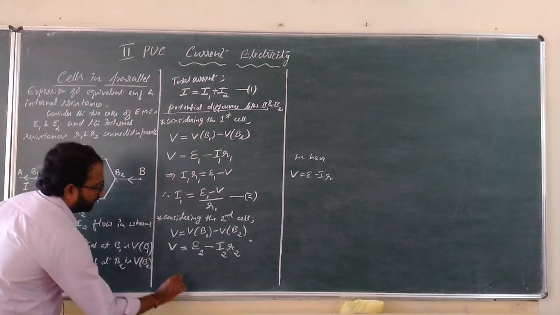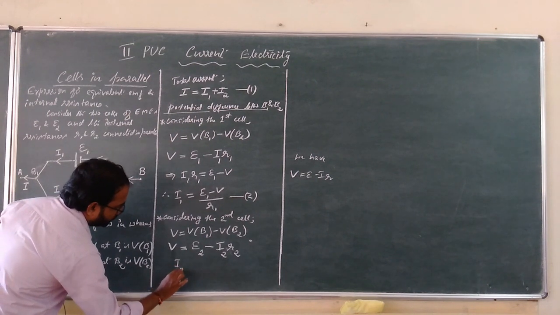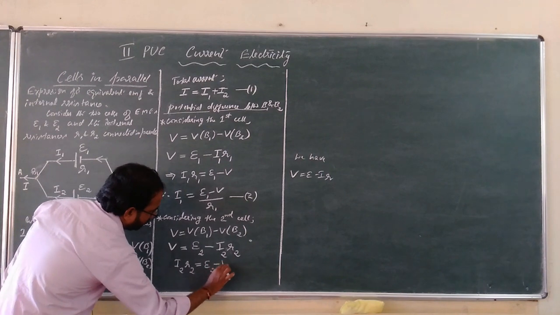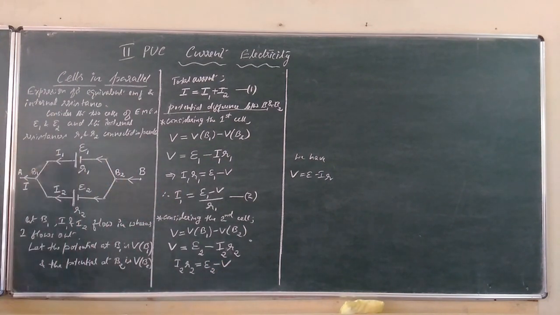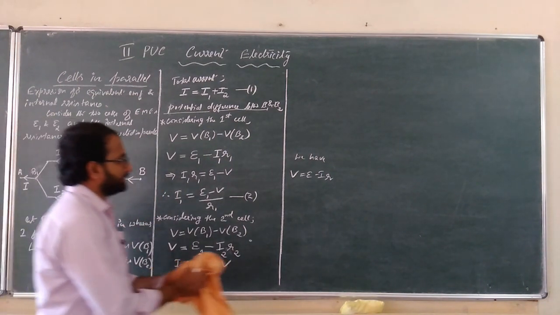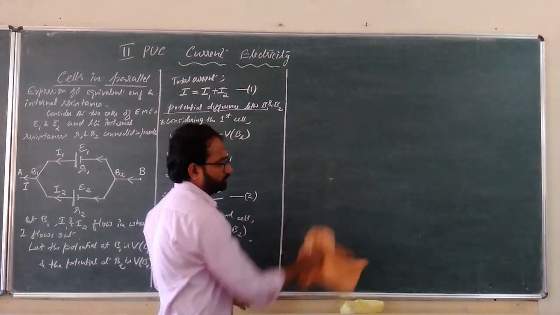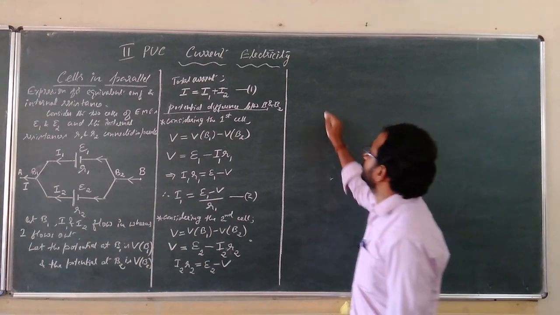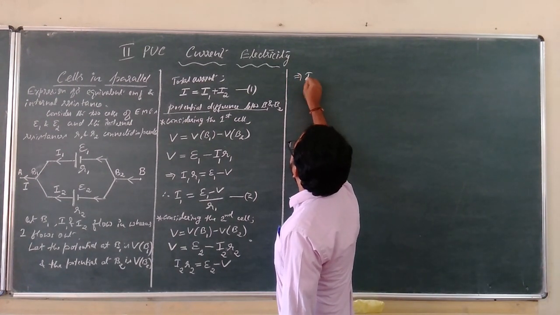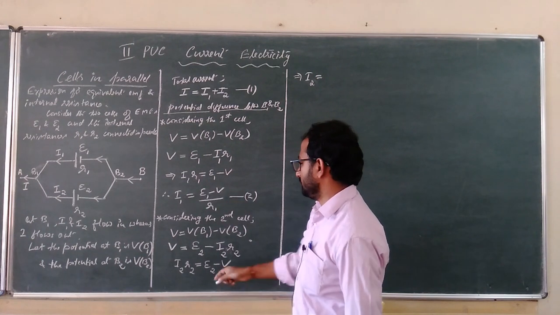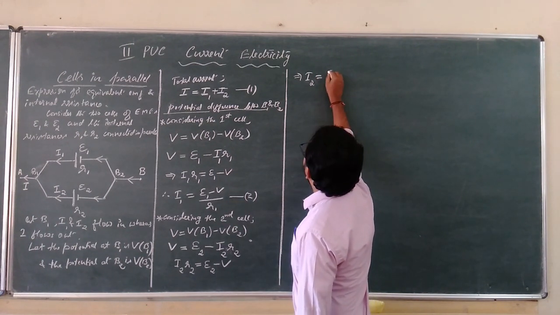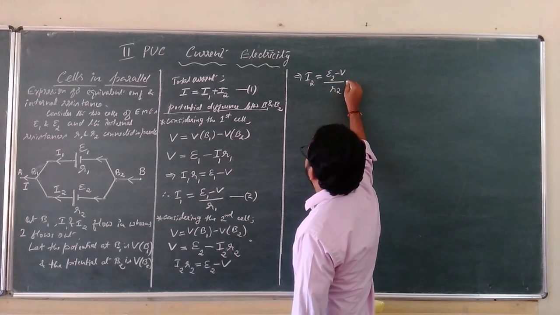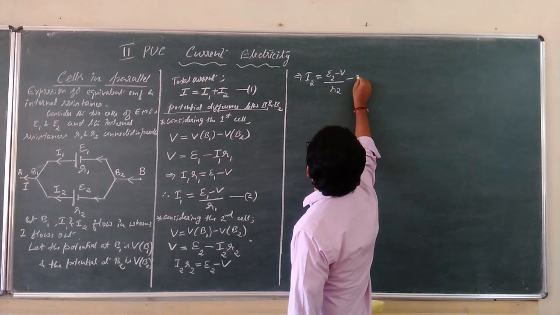So here I2 R2 is equal to E2 minus V. So what is I2 now? I2 is equal to E2 minus V by R2. This is equation 3.